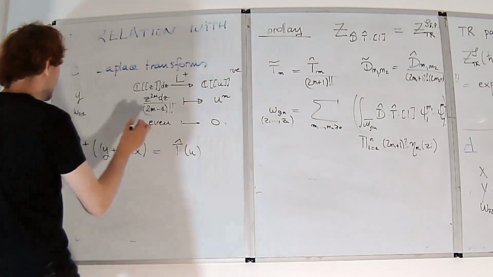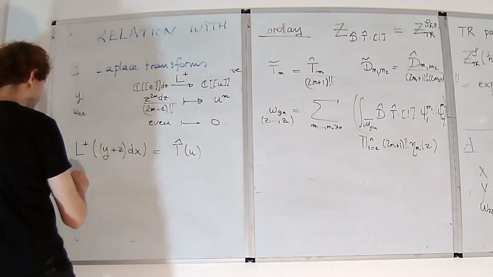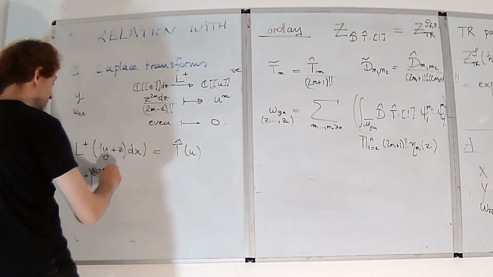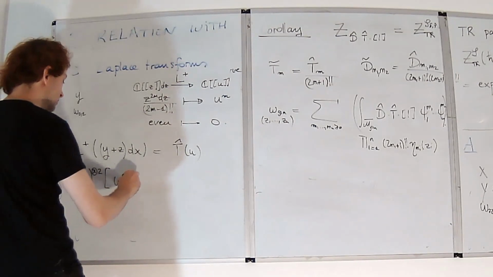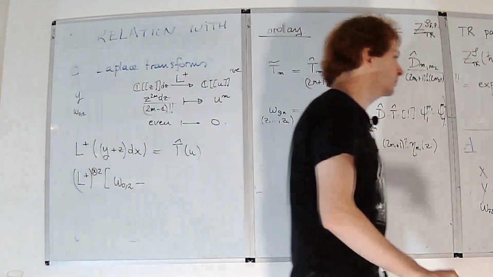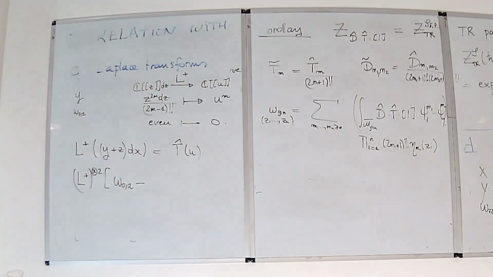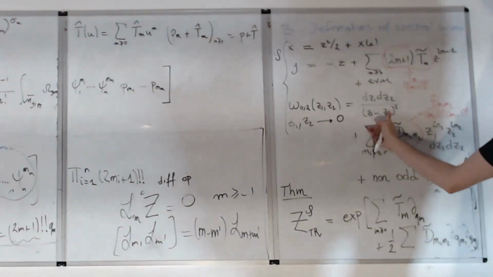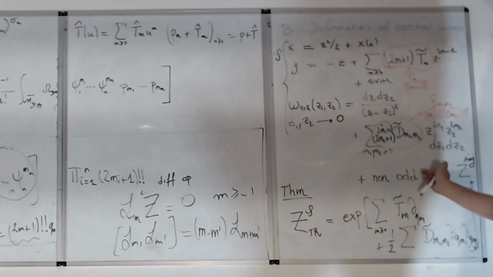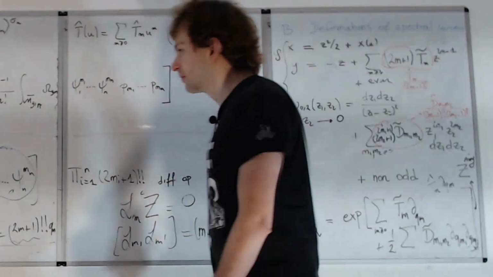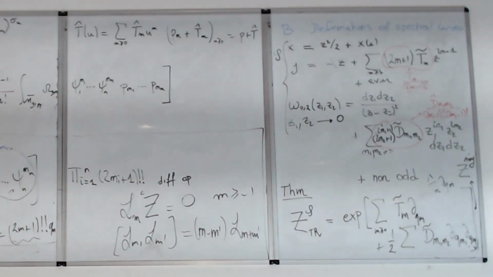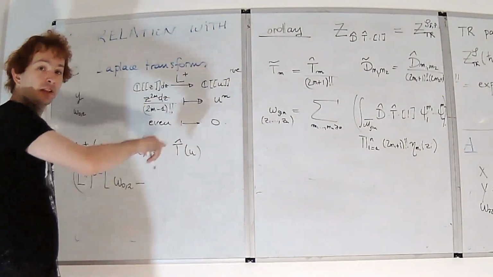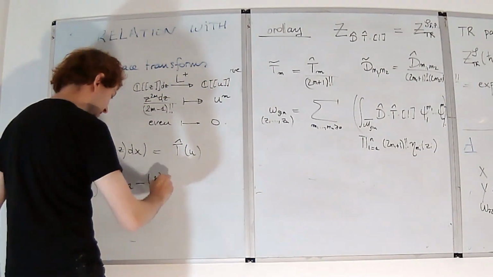And if I apply L plus to the two variables of omega 0,2, what is the deformation? It's in this part: it's omega 0,2 minus omega 0,2 standard, and I'm applying the same linear isomorphism.